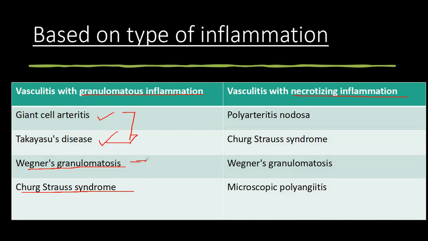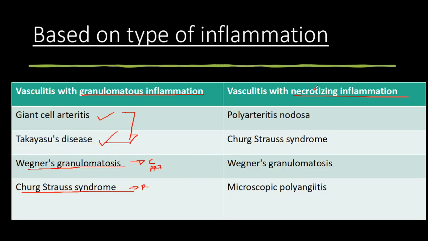Wegener's, remember I told you, is associated with the anti-neutrophil cytoplasmic antibodies, the c-ANCA. The other name of the c-ANCA is PR3, the anti-proteinase 3 antibodies. Then you have Churg-Strauss syndrome. The antibodies implicated here are the p-ANCA, or the MPO.